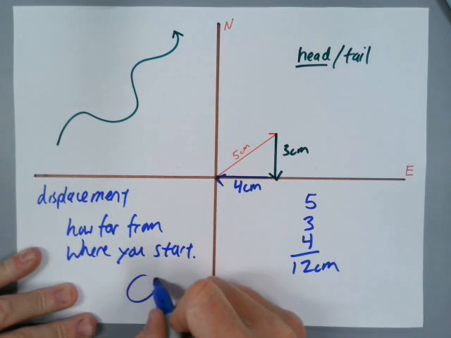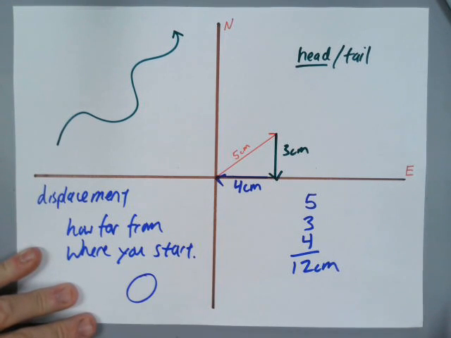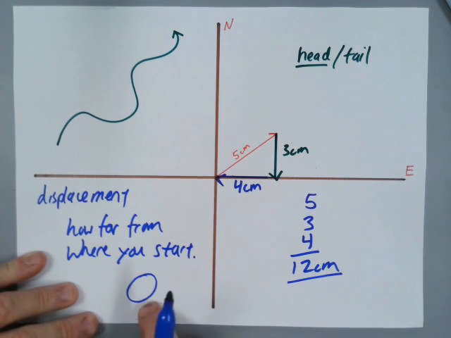My displacement in this case was 0. My distance traveled was 12 centimeters. My displacement, which is how far do I wind up from where I started, in this case is 0.